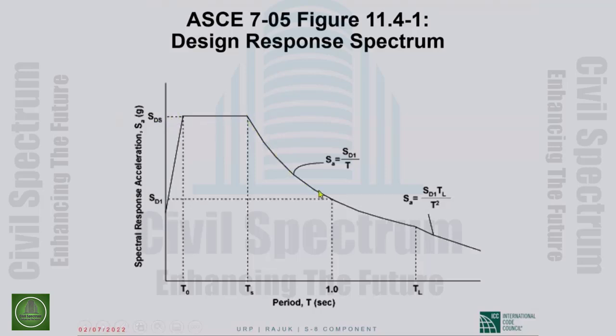This is the constant velocity part of the spectrum. This is the constant displacement part of the spectrum, but that's kind of irrelevant now for our purpose. The period where the ramp meets the flat top is T sub 0, where the flat top meets the descending branch is T sub S. And T sub L I have already indicated to you.